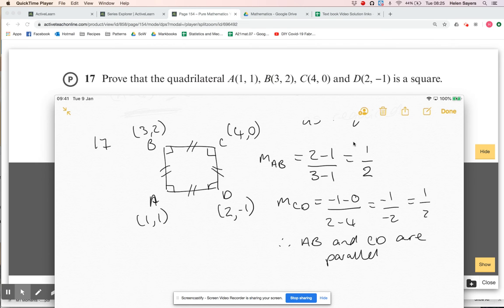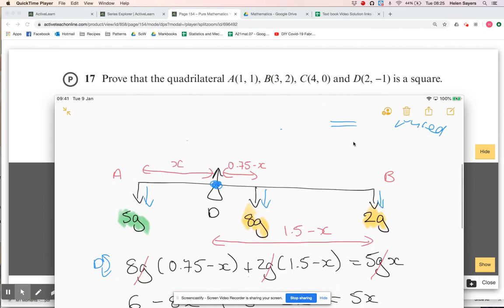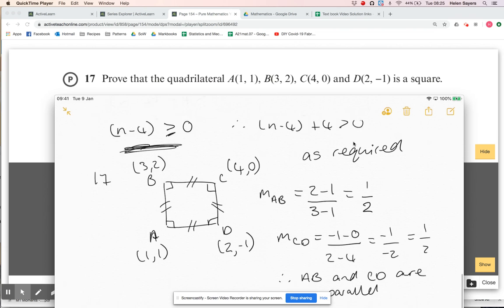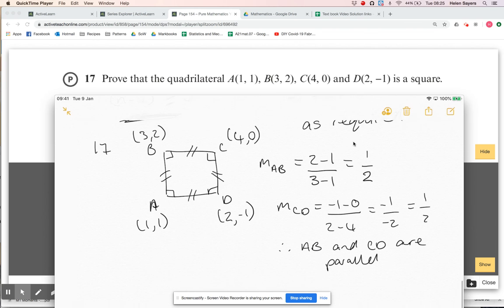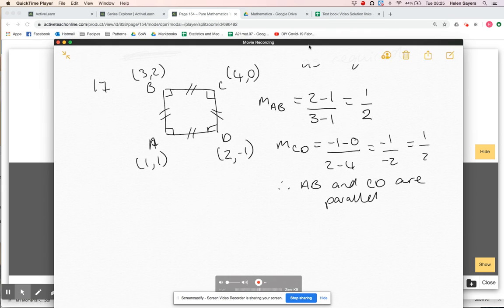Okay, and then let's think about the other 2 gradients. Let's move this up a bit, so we've got a bit more space. Right, so let's do the gradient of BC.